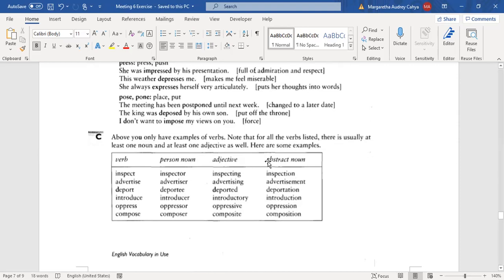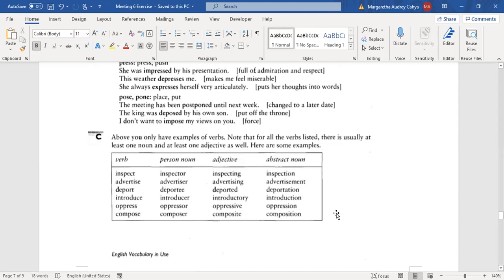And then for abstract nouns, the inspection, advertisement, mostly ion or ment. Deportation, introduction, oppression, composition. So you will be able to later discern whether certain words will have suffixes or prefixes.